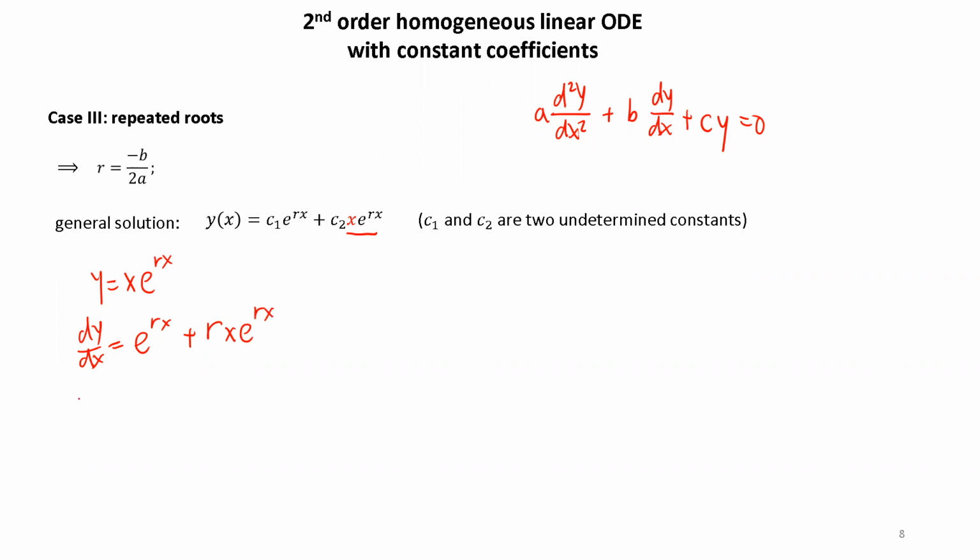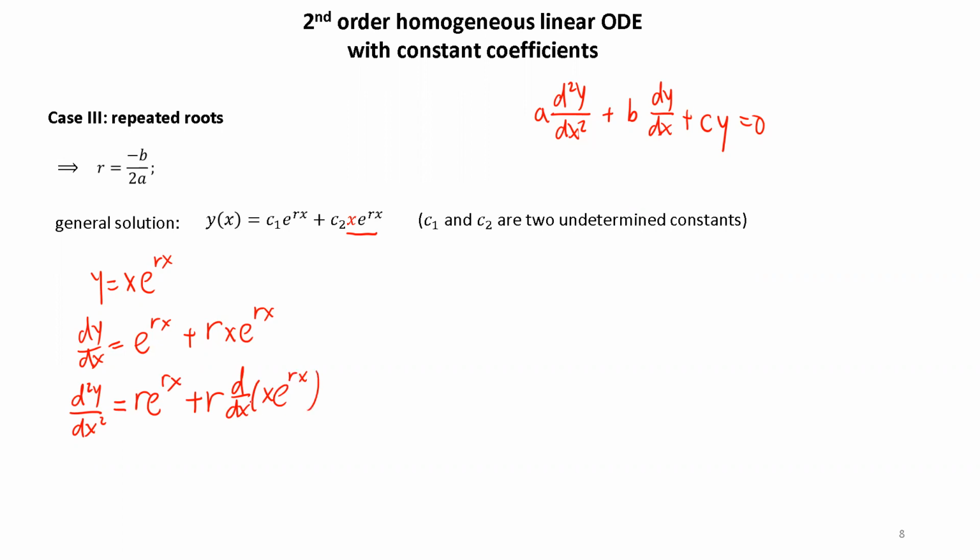Then take one more derivative. So d squared y/dx squared is given by R e to the Rx plus R times the product rule terms.